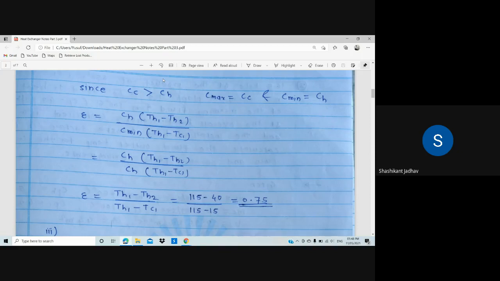So Th1 is given as 115, Th2 is given as 40 and Tc1 is given as 15. All of you put those values into this equation and write down these things, and we get the value of effectiveness.